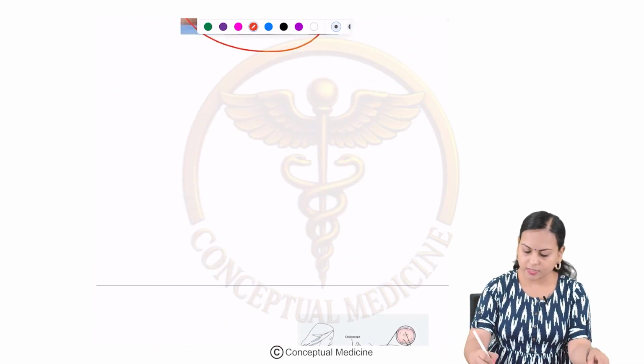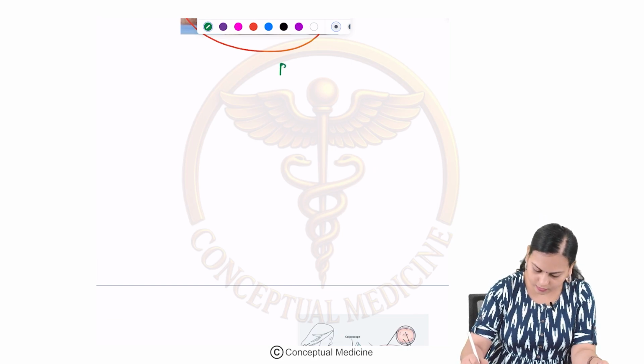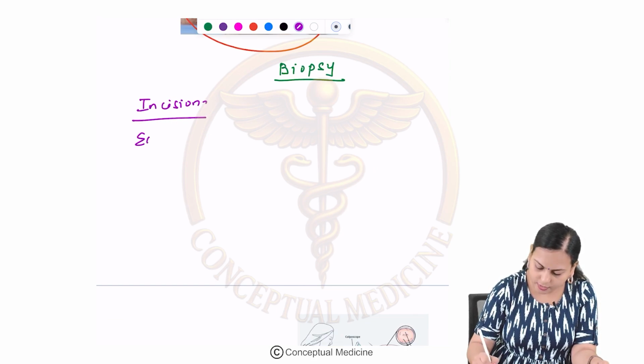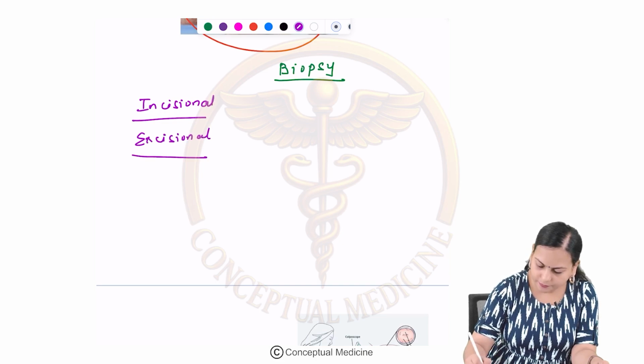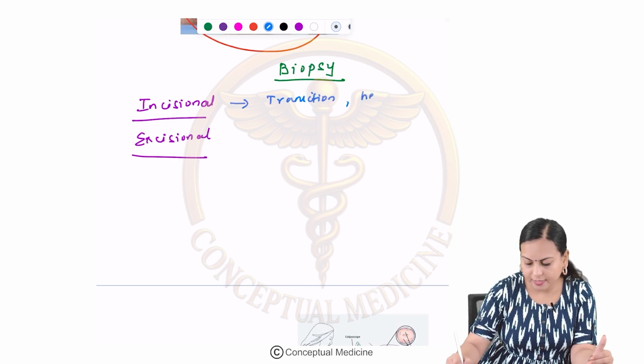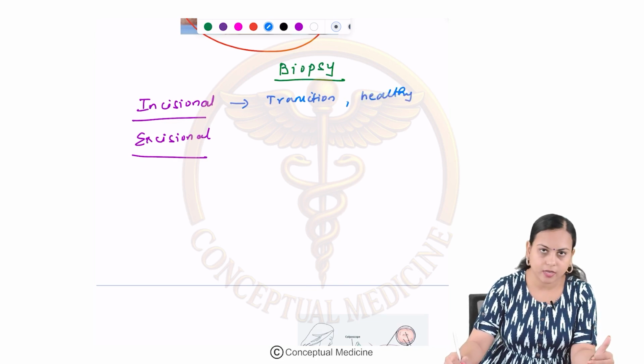Now let's discuss about the biopsy. So biopsy can be taken as an incisional biopsy or an excisional biopsy. Incisional biopsy means this will include the transition part as well as the healthy tissue also. Okay.